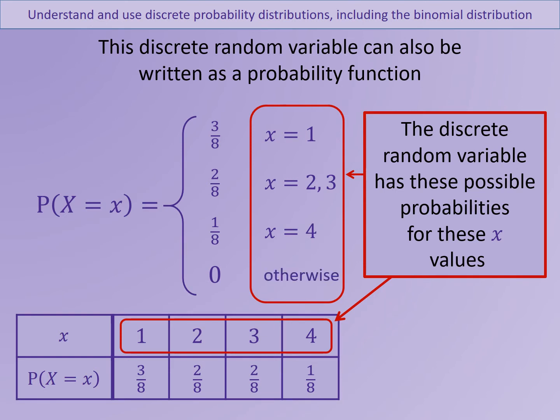When does 0 occur? Any other situation, although it's impossible in this case because we only have 1, 2, 3 and 4, but we always have to have this otherwise situation. The way that function is being written at the top is called a probability function, and at the bottom we have that distribution table, and you can be asked to swap between one and another as well.